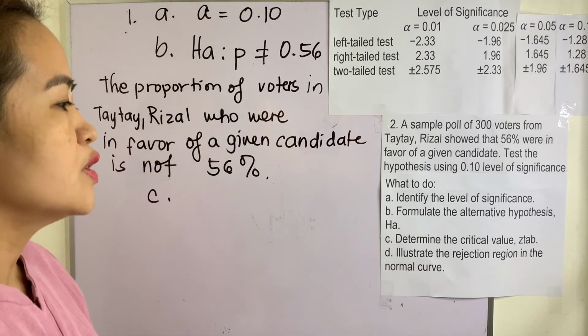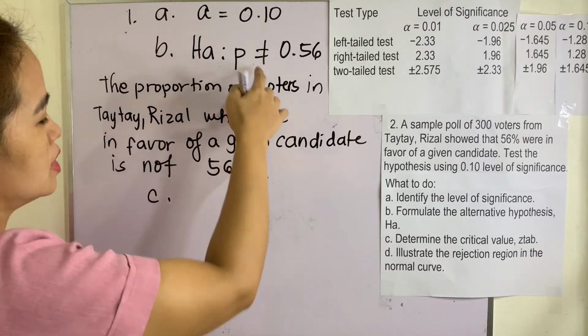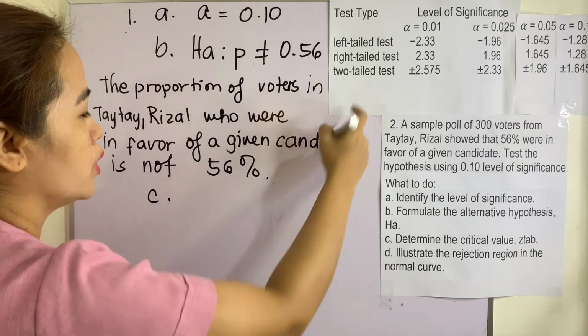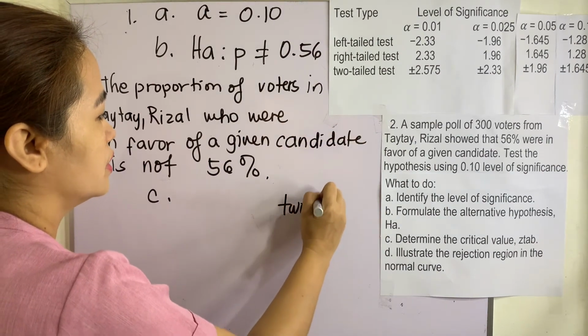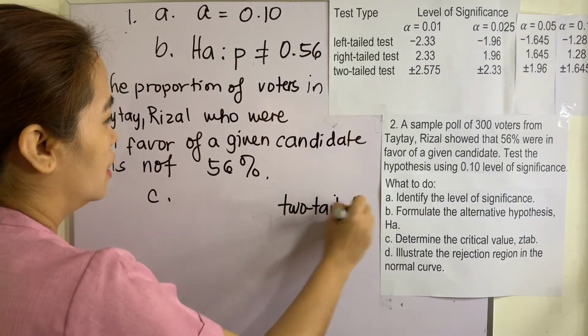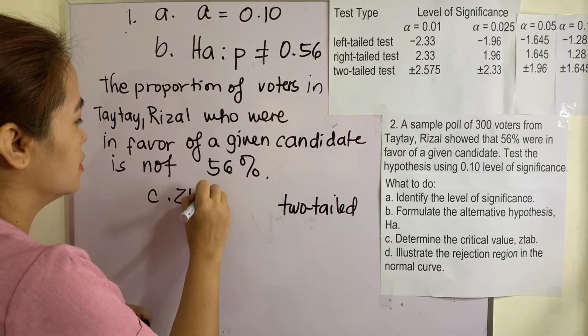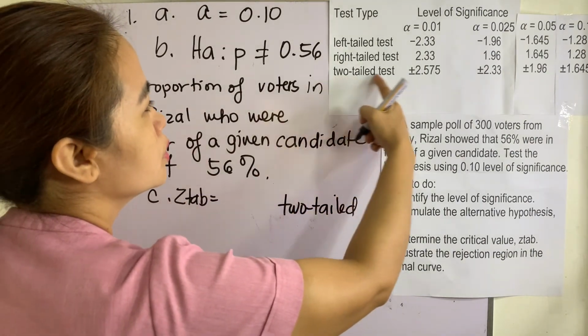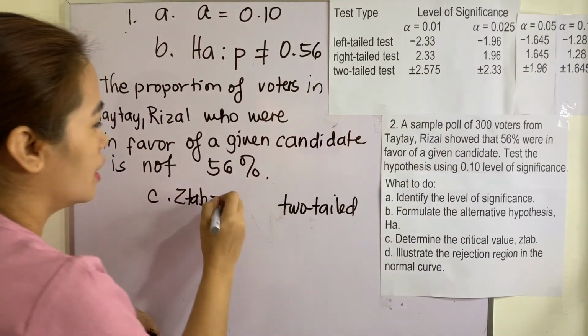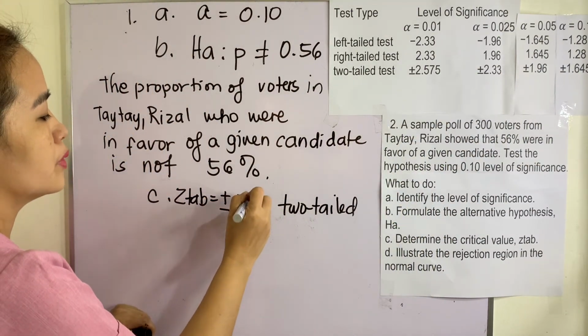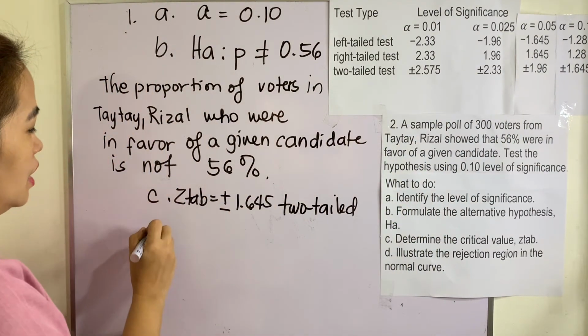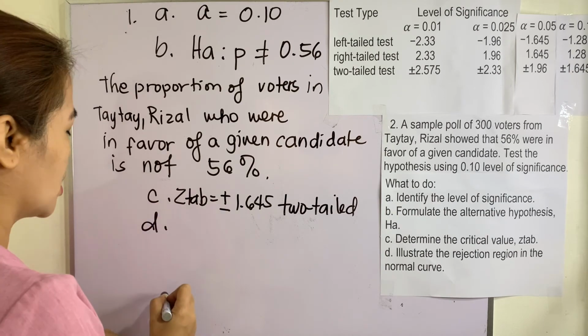Letter C, determine the critical value. So this one is not equal to, therefore we use two-tailed here. And our Z tab for two-tailed 0.10 is positive and negative 1.645. And letter D, illustrating the rejection region.